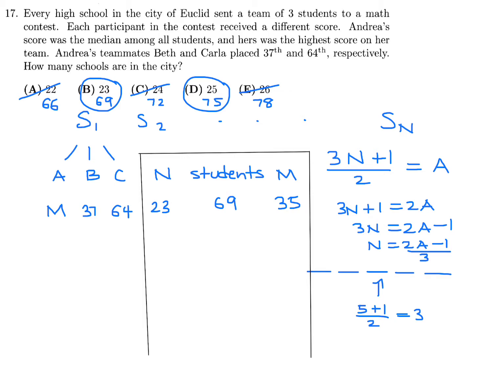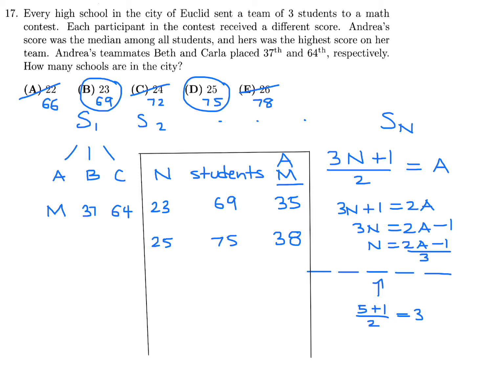The only other choice is n equals 25, number of students 75. That would be 75 plus 1 is 76, divided by 2 would be 38. So m is the median, and that represents Andrea. She is either 35th or she is 38th.